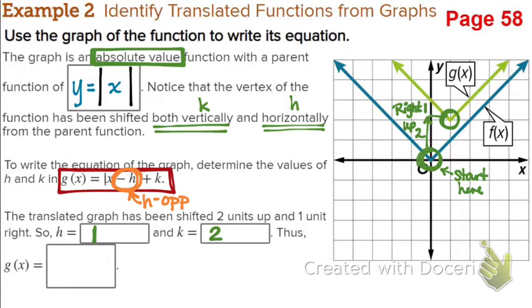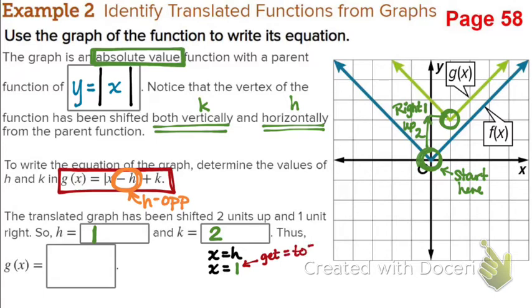Here's another way that we can go about finding what's going to be in there. I'm going to start with x equals h. We said that our h value is what? H is 1. I need to get this equal to 0.